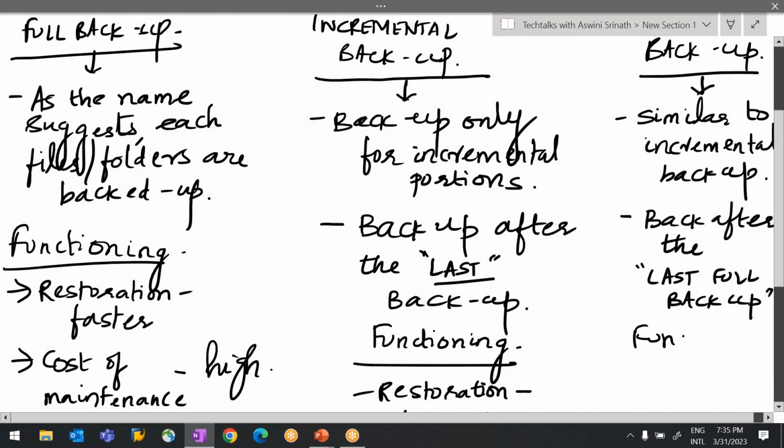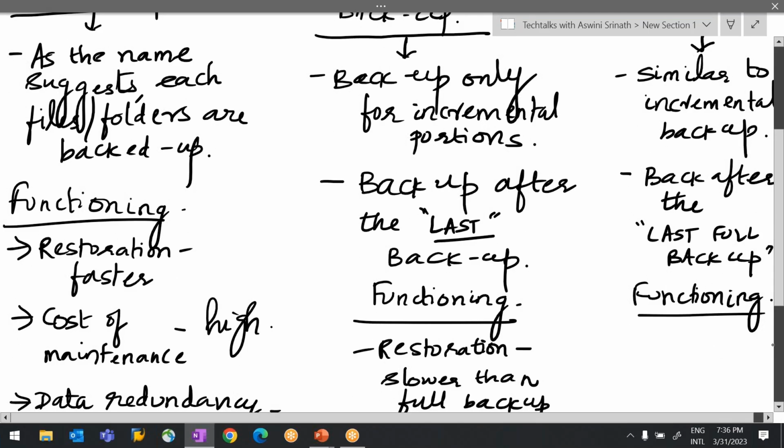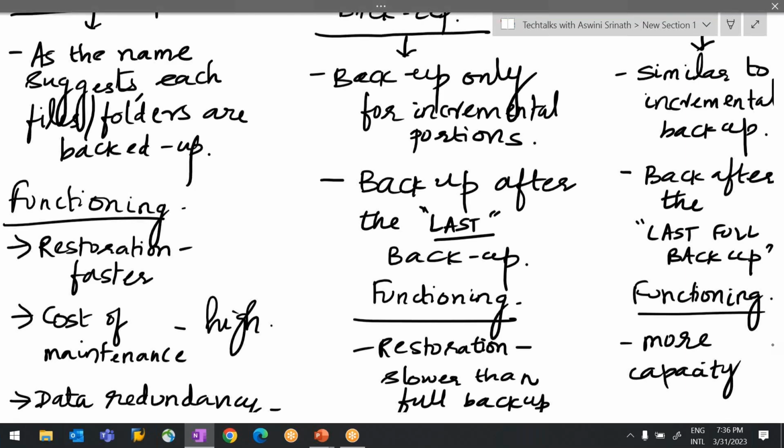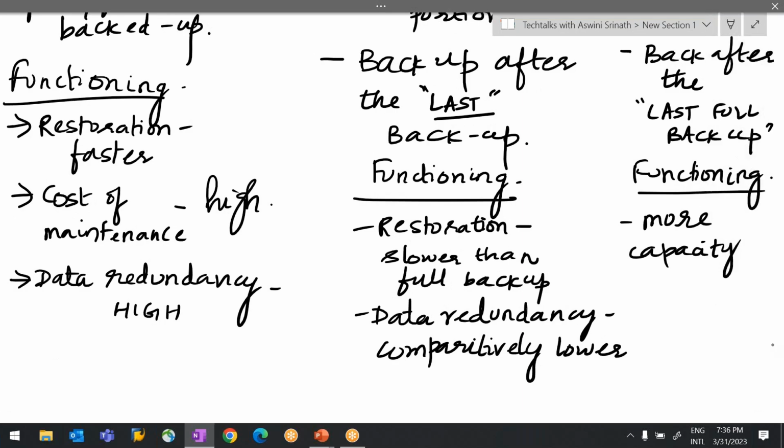Functionality as such, it requires more capacity than the incremental backup. There is a little bit of increased data redundancy here because it considers backup since the last full backup, so more capacity than incremental backup.